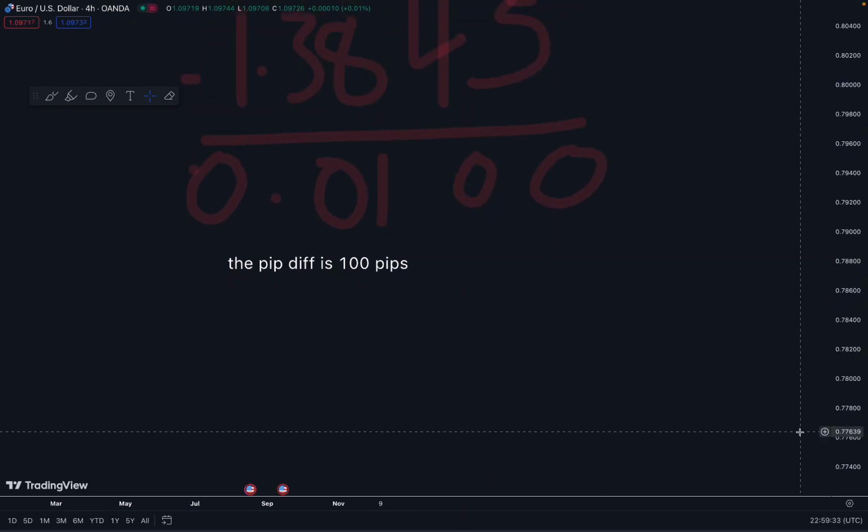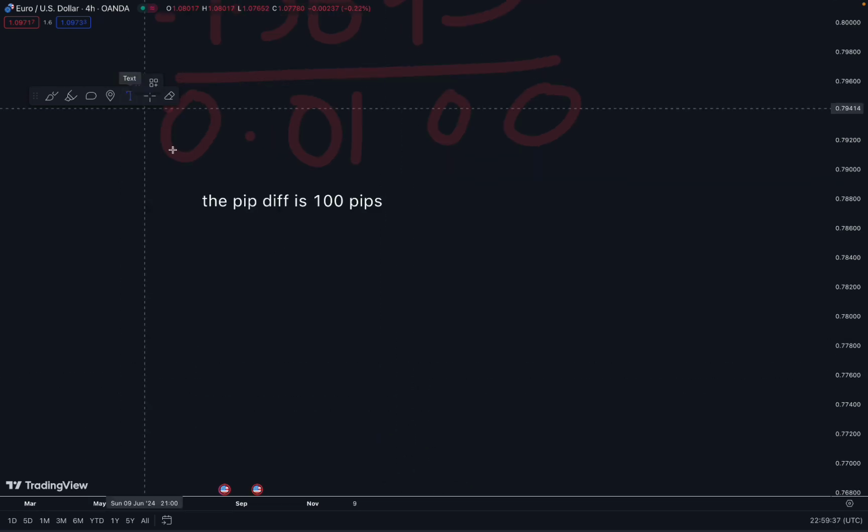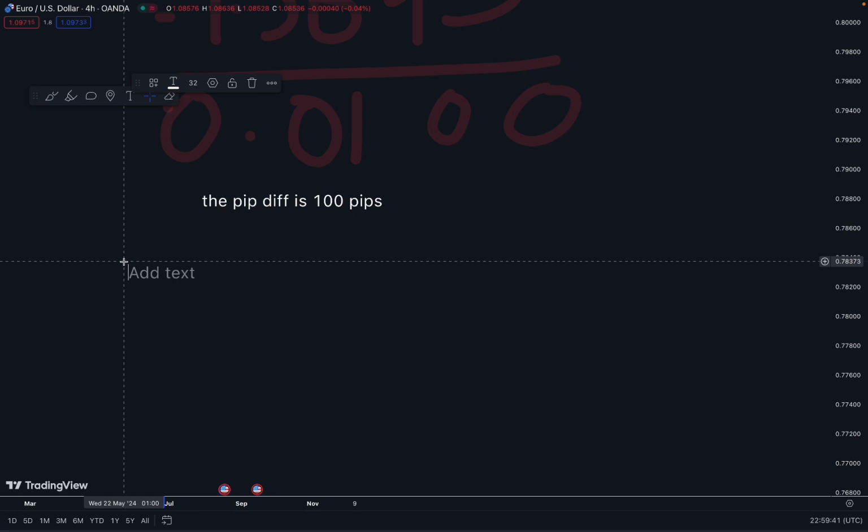Let's look at the last example. So let's say we have another currency pair aside from USD, maybe USD CAD, USD against the Canadian dollar. The price is at 1.3783.